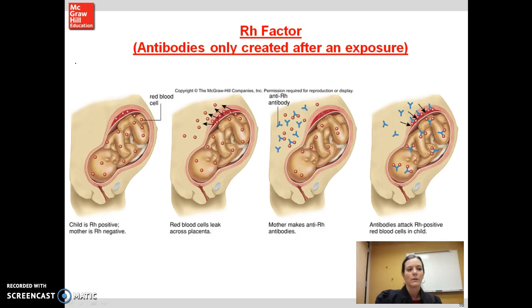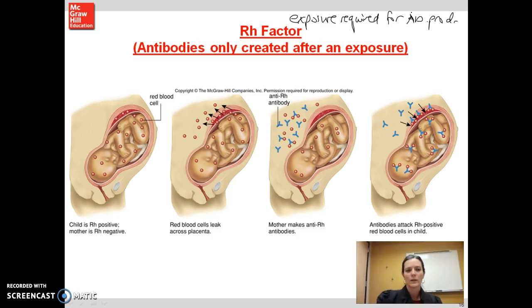So Rh falls into that more normal category. We have to have exposure, so exposure required for antibody production. So we don't have the Rh antibodies just floating around in our bloodstream.